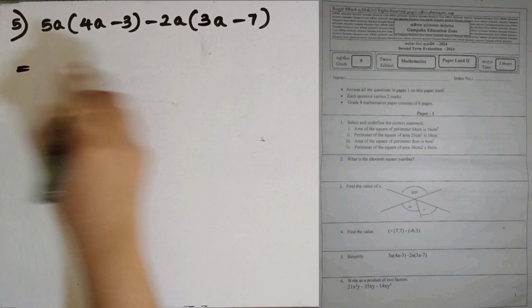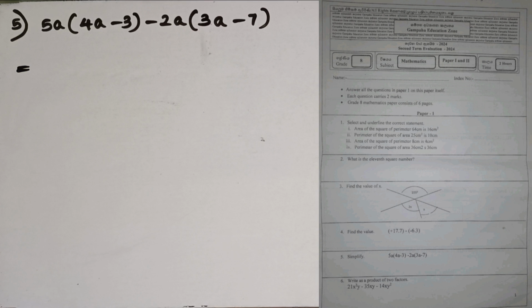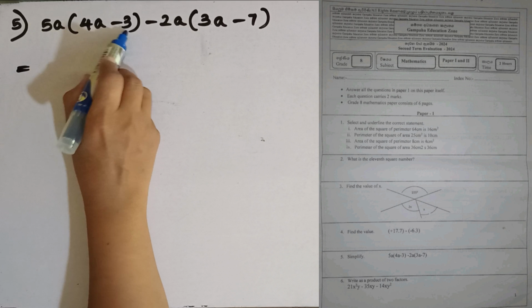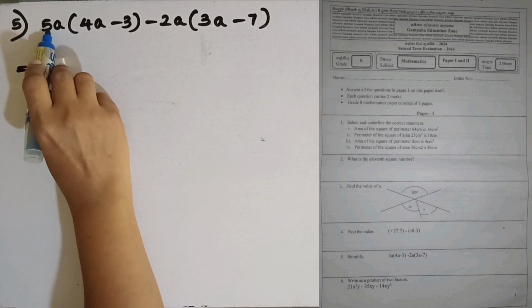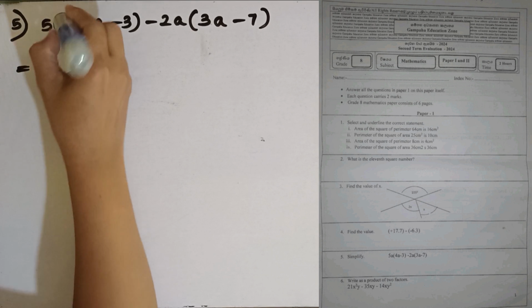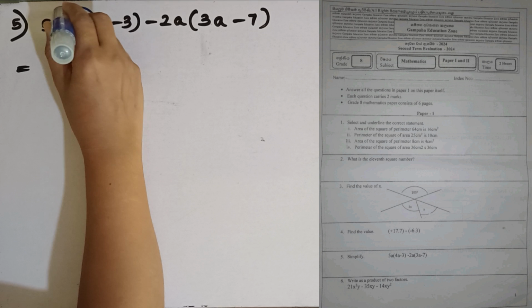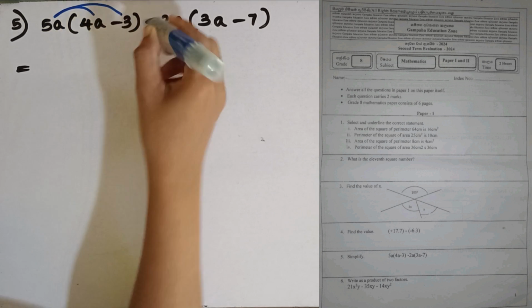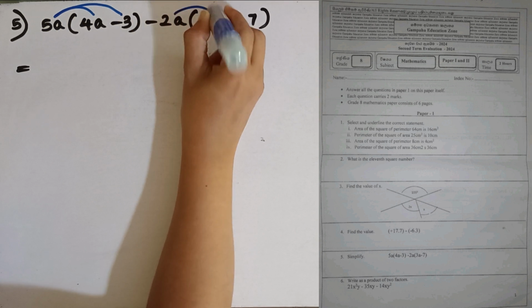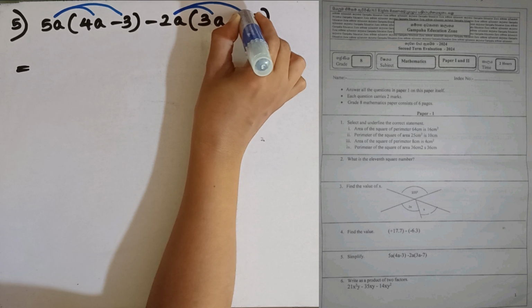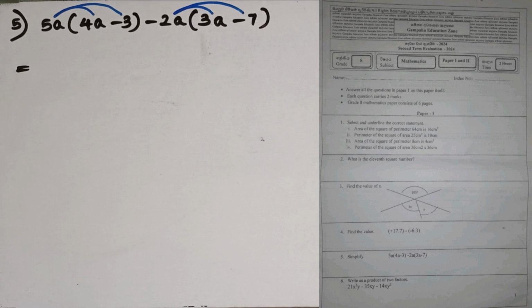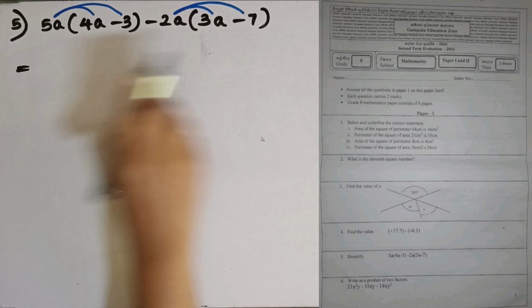So when simplifying this, first we have to remove the brackets. Each term inside the brackets should be multiplied by the term outside the bracket. 5a times 4a, then 5a times minus 3, then minus 2a times 3a and minus 2a times minus 7. That is the way we are doing the simplification here.